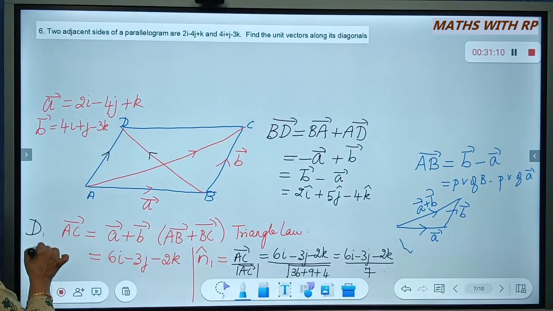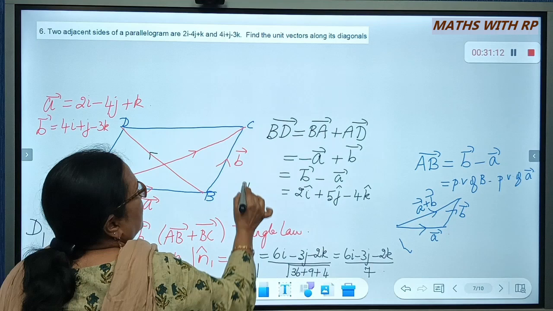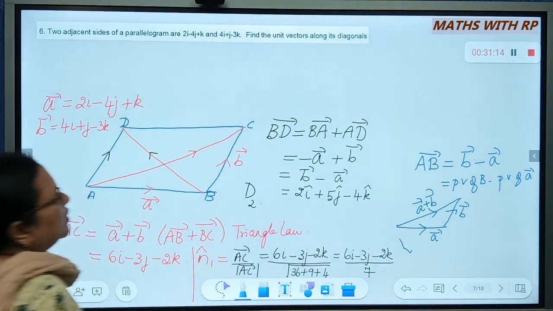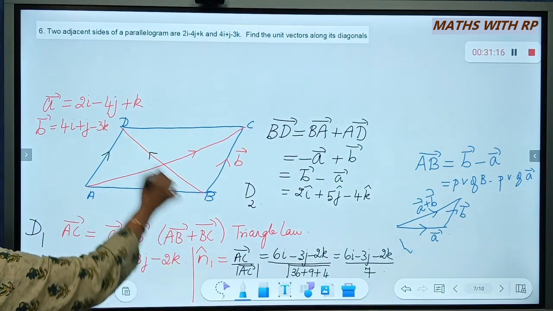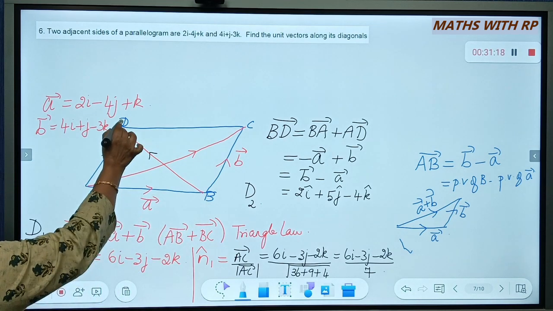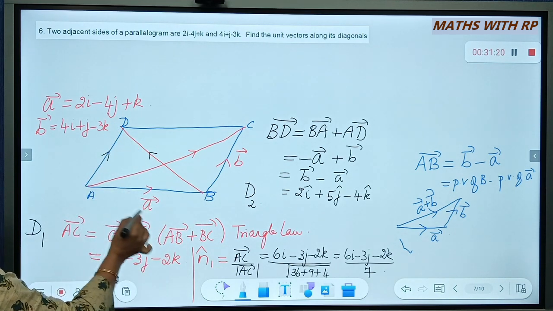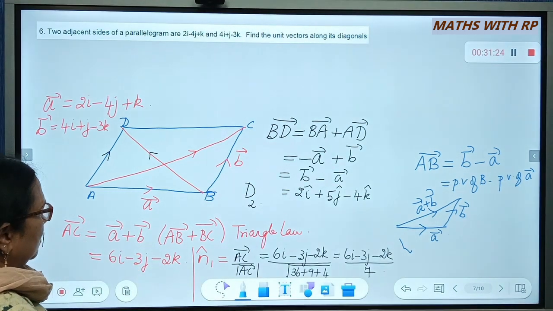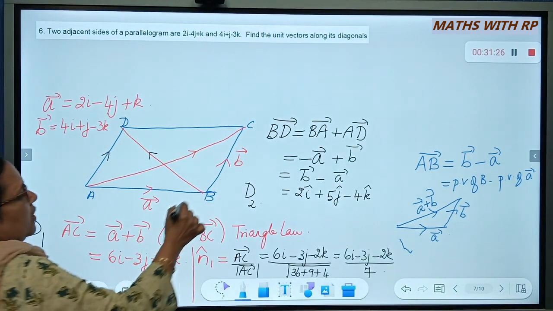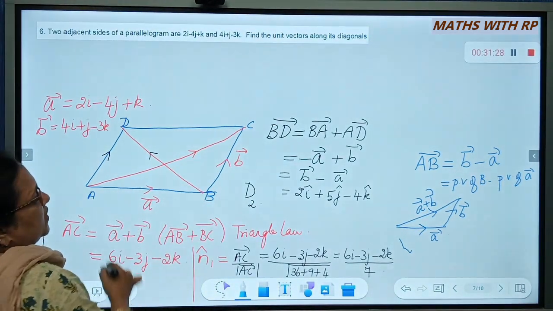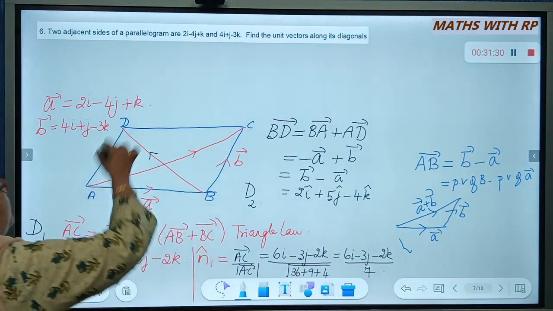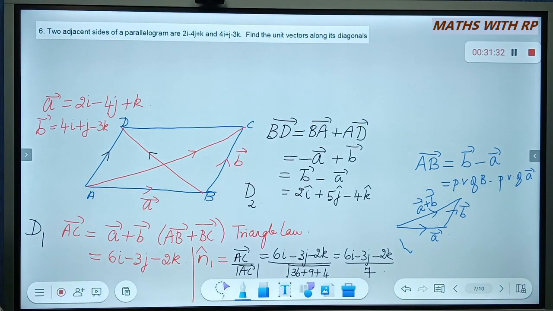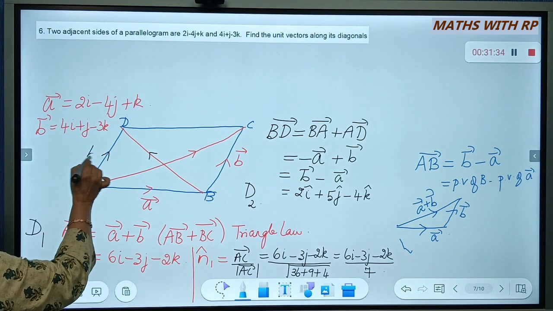Diagonal 1. This is diagonal 2. BD vector is BA vector plus AD vector. BA vector is minus A vector because we have taken AB to be A vector. Now BC vector and AD vector are both B vector. So this is also B vector.